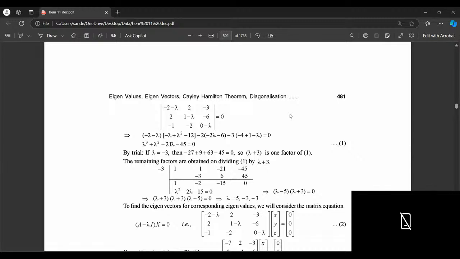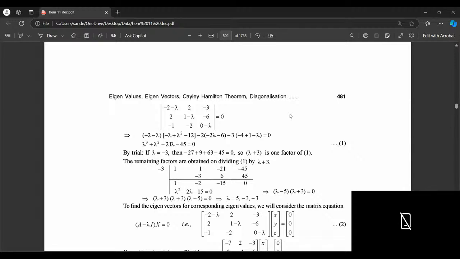Now you have to write the coefficients for that equation, lambda cube plus lambda square minus 21 lambda minus 45 equal to 0. So coefficients are 1, 1, minus 21, and the constant is minus 45. If the remainder is 0, we can say that is one of the roots for that equation.